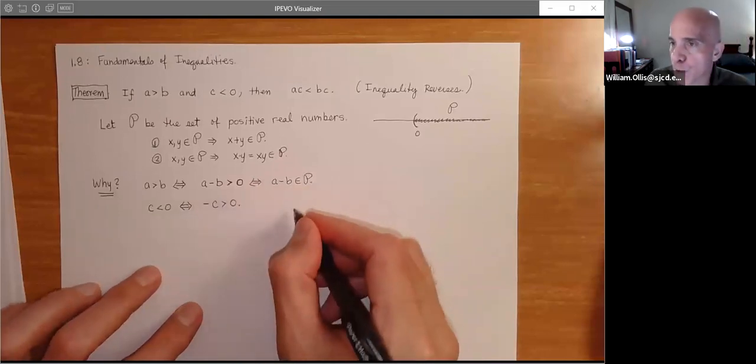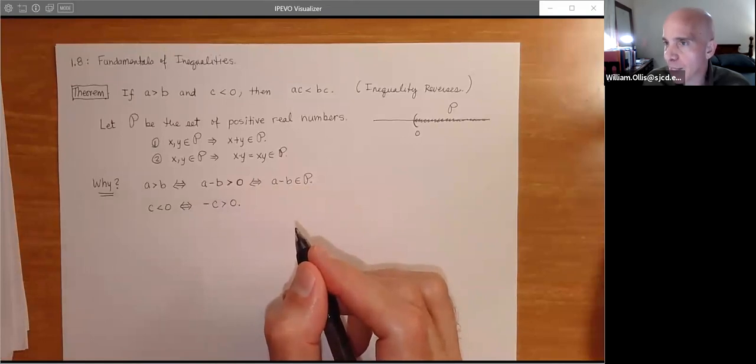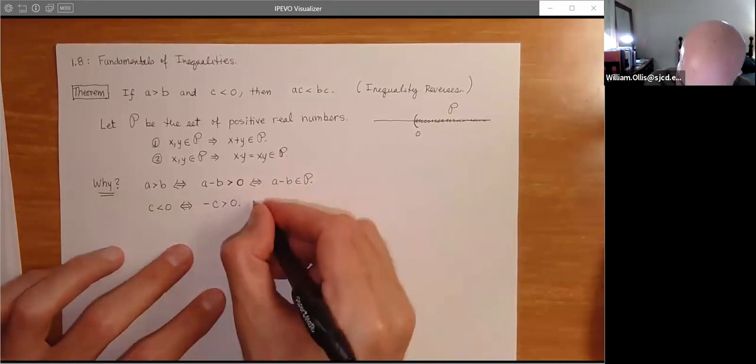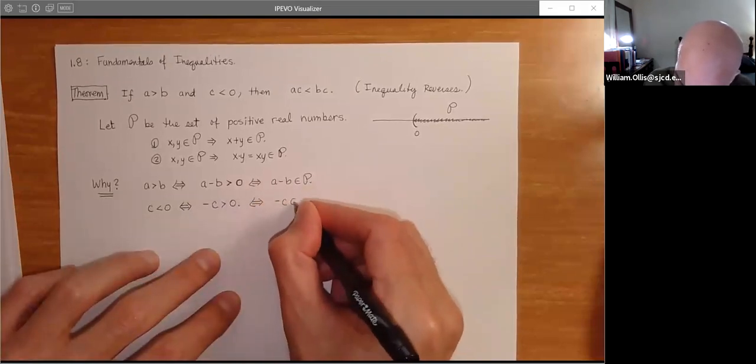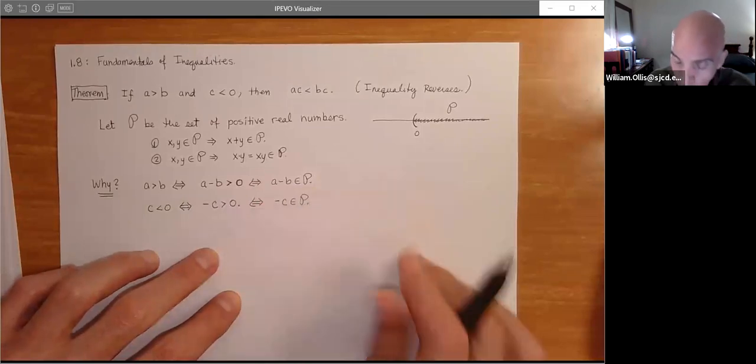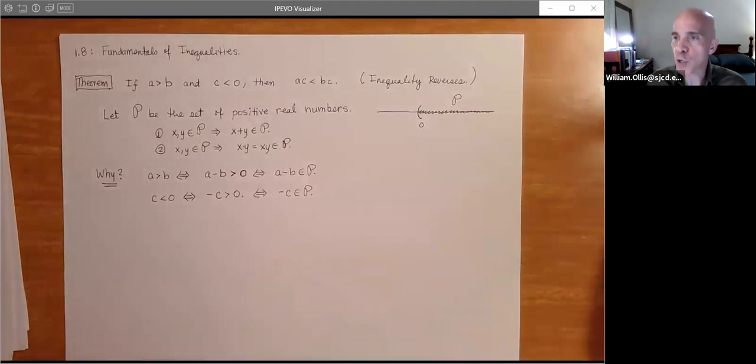And of course, we're going to use the fact that a negative times a negative is a positive. We can prove that too, but we can't prove everything. So I'm going to assume you know that. So in this case, the additive inverse of C is also a positive real number. So what I'm trying to get you to do, ladies and gentlemen, is think in terms of signs.